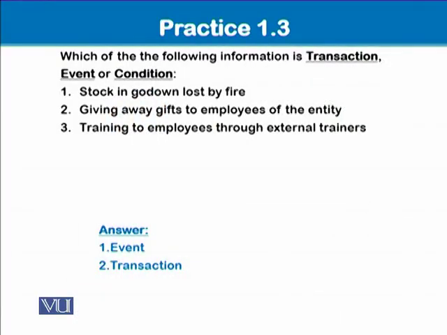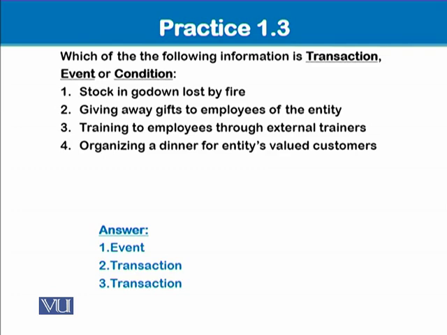Well, which of the following information is a transaction, event, or condition? Stock in godown lost by fire, it's an event. Then giving away gifts to employees for the entity, it's a transaction. Then training employees through external trainers, yes, it's a transaction.